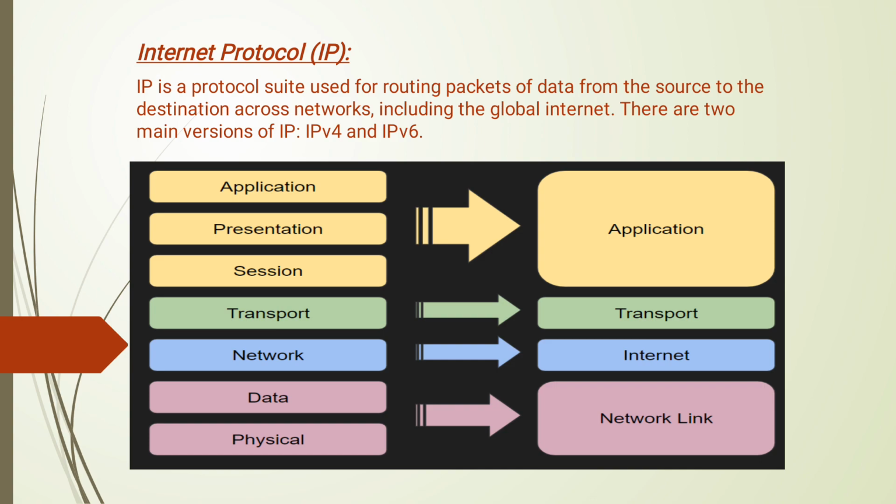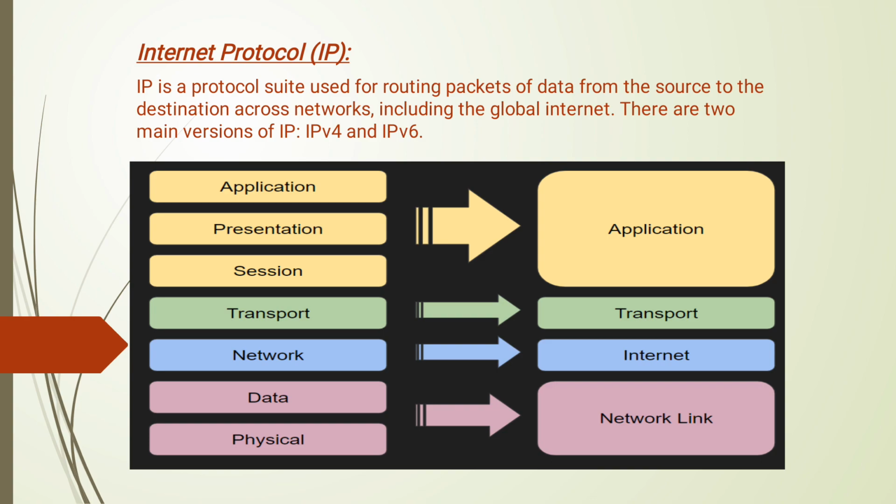It's the most used model for networking, which defines a set of rules for communicating over the internet. This is an overview of the IP model. It's a protocol suite which is used for routing packets of data from the source to the destination across networks, including the global internet. There are two main versions of the Internet Protocol, which are IP version 4 and IP version 6.